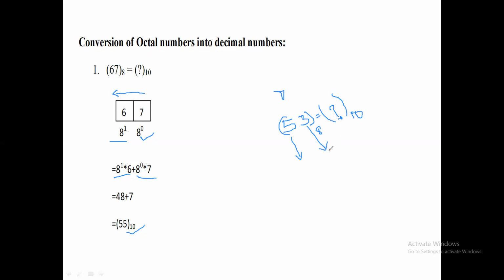We will start with the positional value 8 power 0. So this is 8 power 0, and then this is going to be 8 power 1. If any other digit is there, it is going to be 8 power 2, and so on. So this is 5 8s, it is 40 plus 3. It's going to be 43 in decimal number system. Okay, so that is how you can convert any given octal number into a decimal number. Just take down those positional numbers and then multiply them with the digits at that particular position.